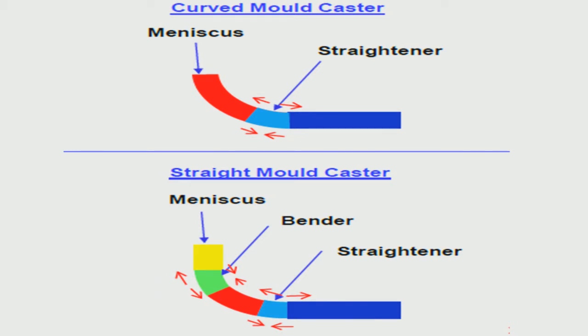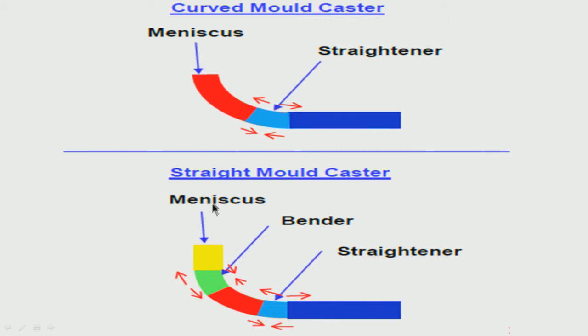Now, this will be very interesting. Look at the two molds. Continuous casting mold can be of two types. The normal type is straight mold, that means it is a vertical mold, we call it vertically straight, it is coming down, and then it has to be bent, and finally it has to be straightened to make it horizontal.